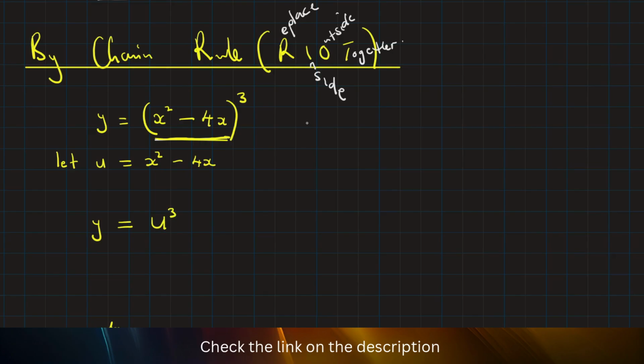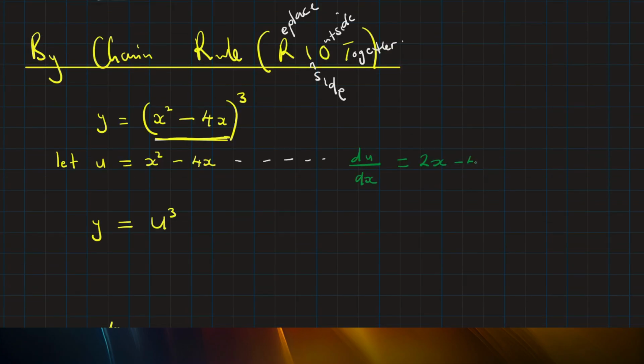So that's the replacement. The inside derivative is where we differentiate this inside. So that's going to give us du on dx is equal to, I use the power rule to differentiate each term, 2x, and for 4x, that's going to give me negative 4.